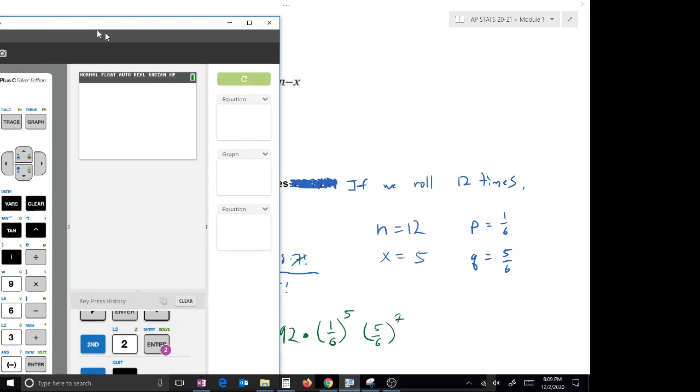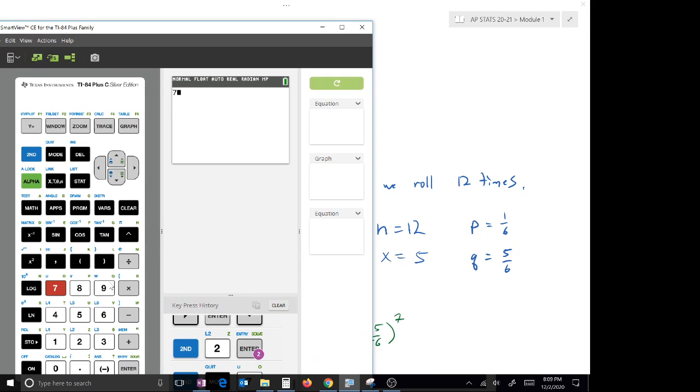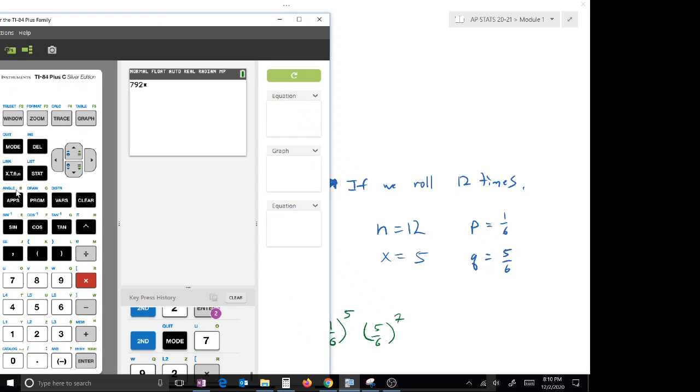So we have 792 times, parentheses 1/6 raised to the 5th power times parentheses 5/6 raised to the 7th power.